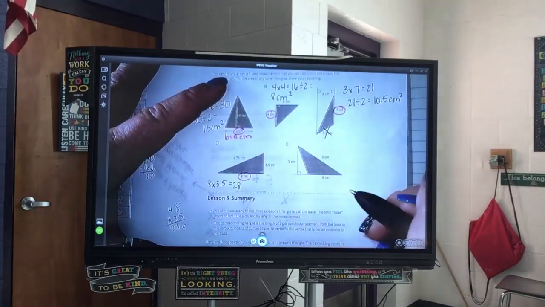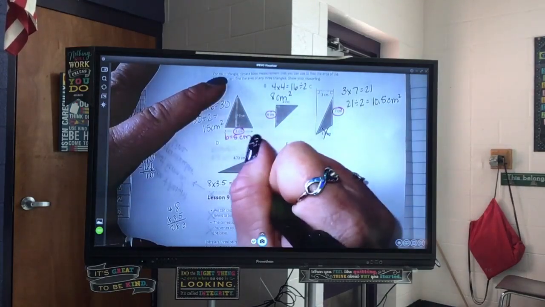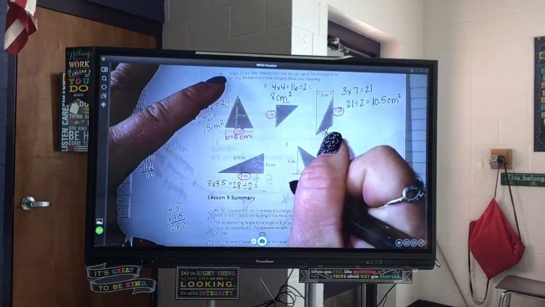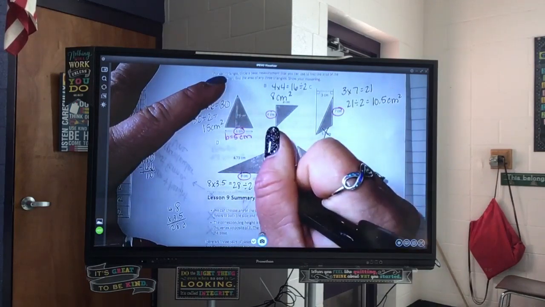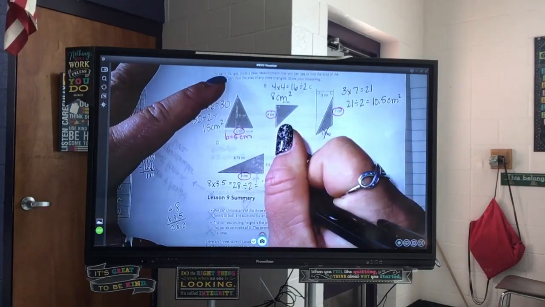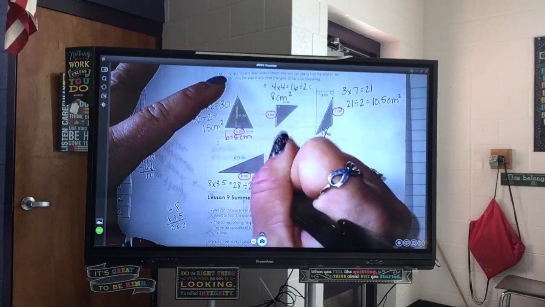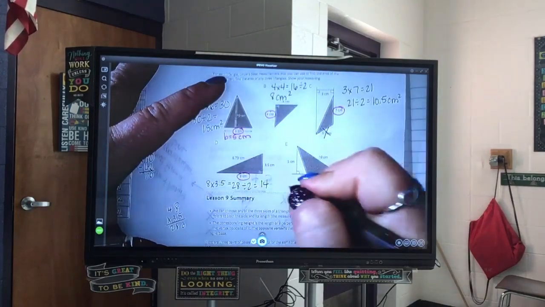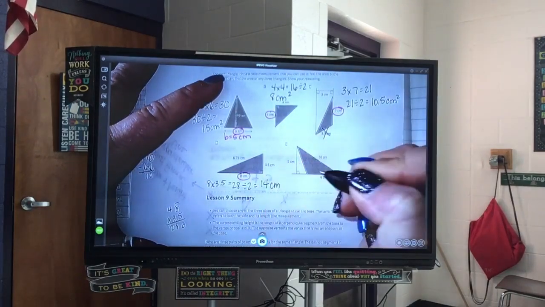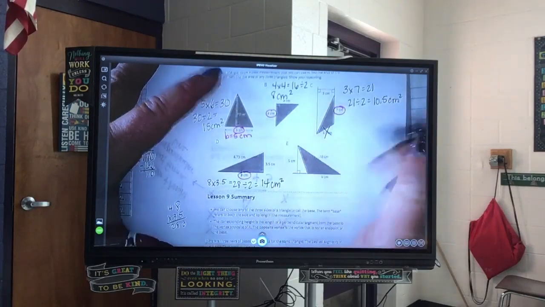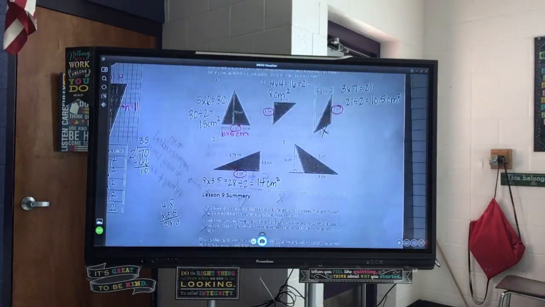And then we divide by 2. 28 divided by 2 equals 14. 14 what? 14 centimeters squared. Alright, good job.